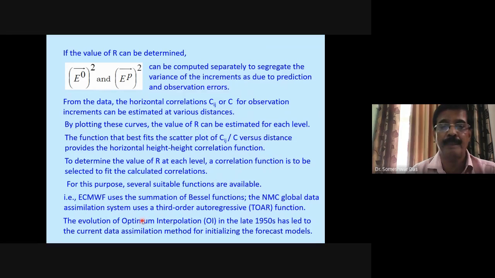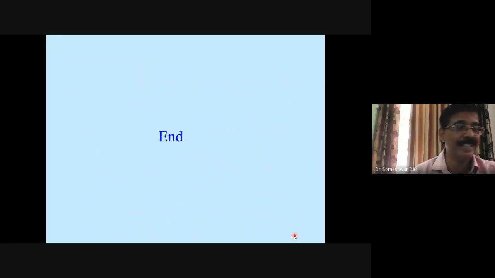The evolution of optimum interpolation, OI, in the late 1950s has led to the current data assimilation method for initializing the forecast models. So this is in a nutshell the theory behind the multiple optimum interpolation scheme of the objective analysis.